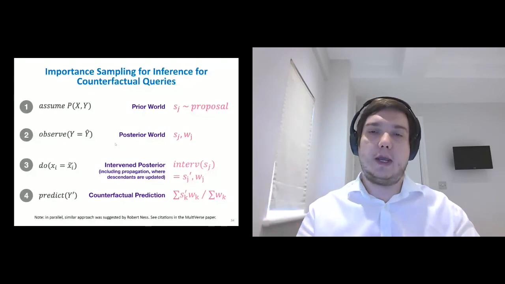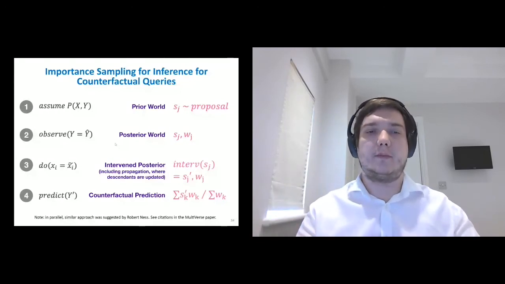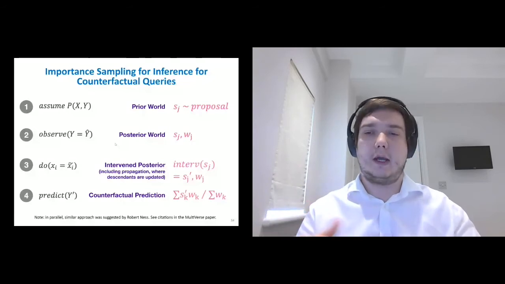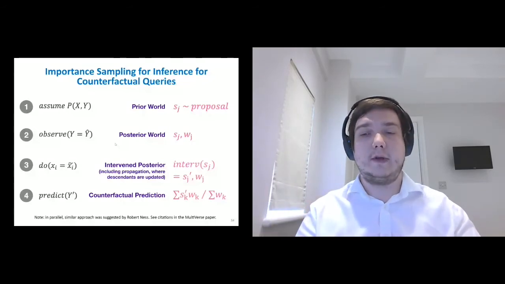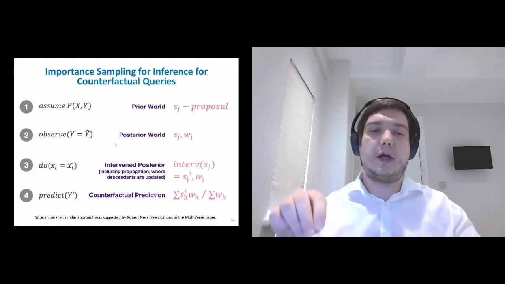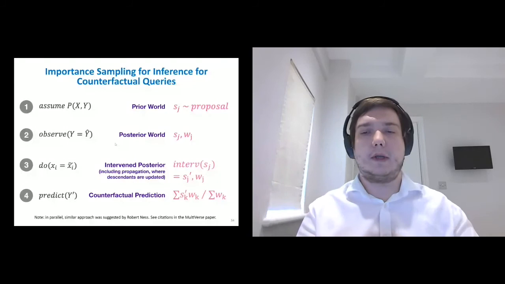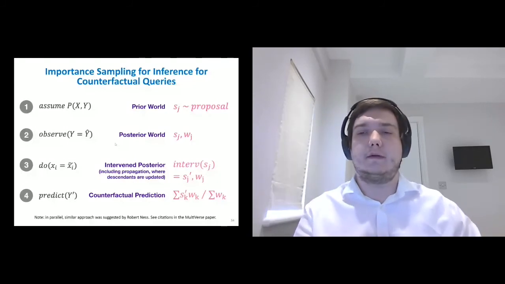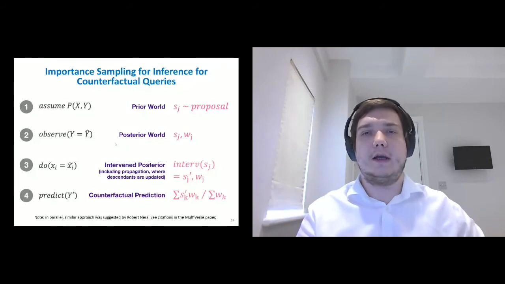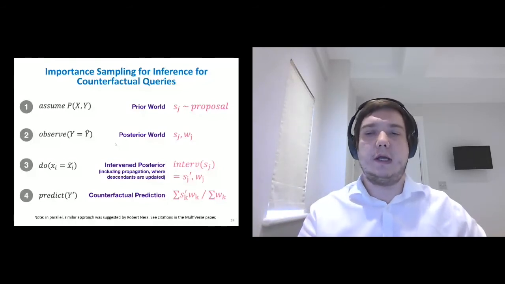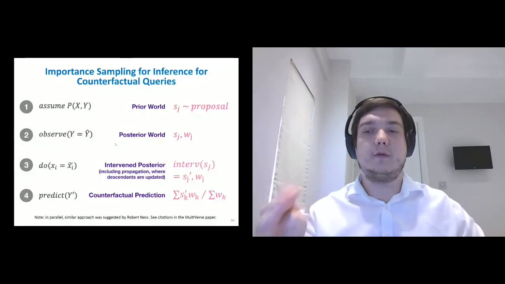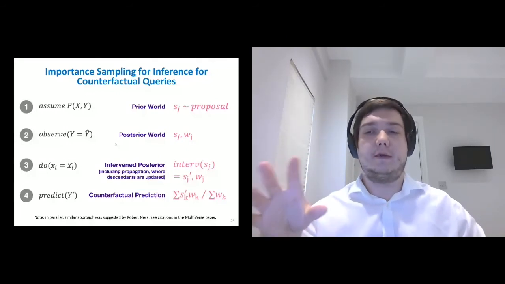You get weights, you apply observations to the weights, and then you get the intervened samples. So you modify part of the sample where you apply the do operator and also propagate these changes to other nodes which depend on those nodes. I will show a bit more illustrations in a moment. And then finally, you use the samples from the posterior world which have been intervened upon, with their weights.